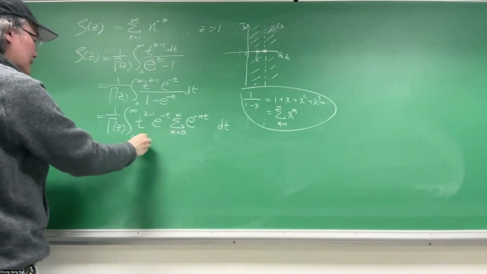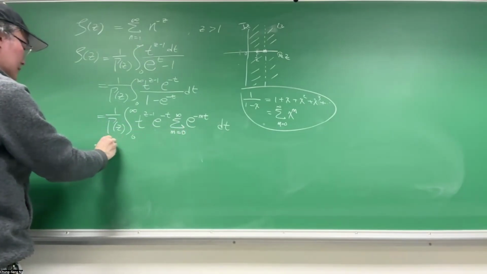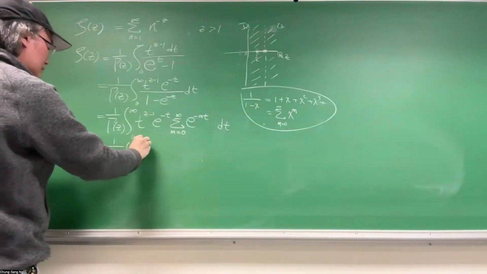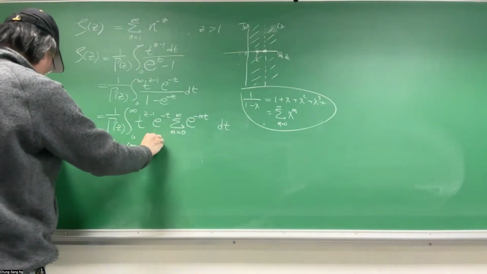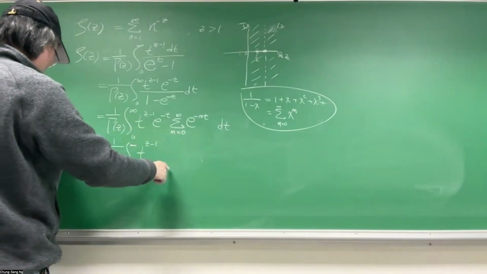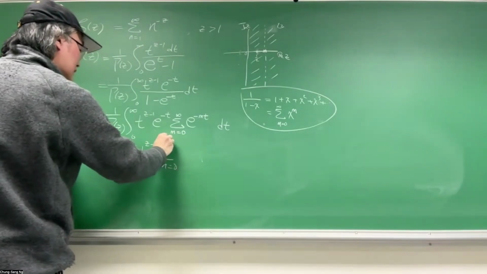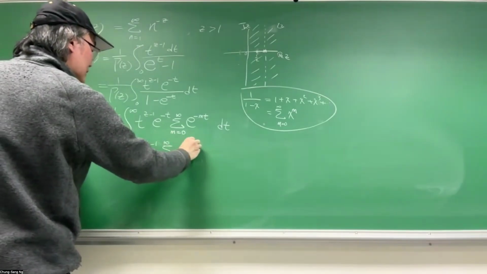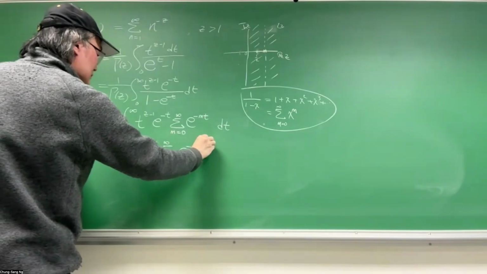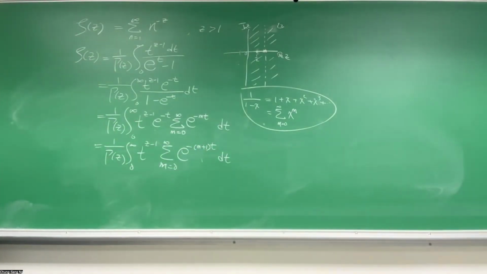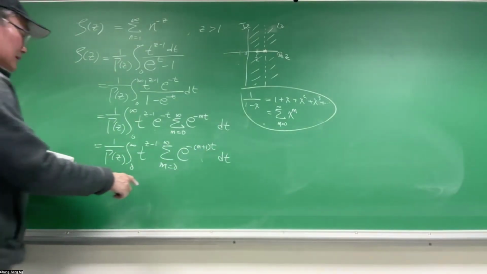Let's write another line: minus 1, and then sum over m to infinity, e to the minus m plus 1 times t dt.